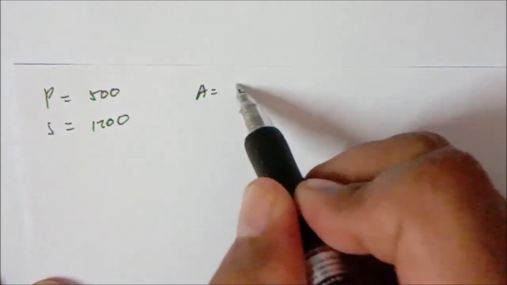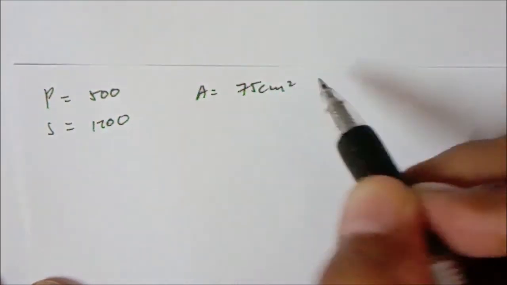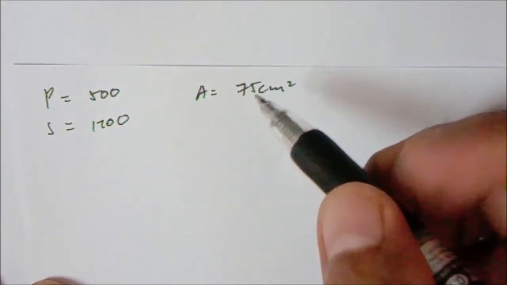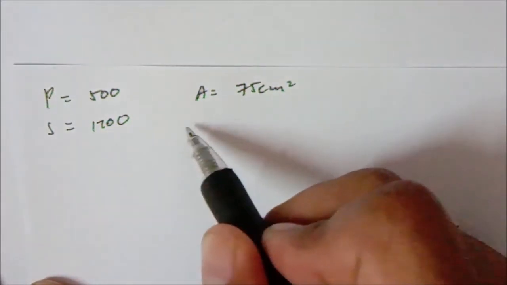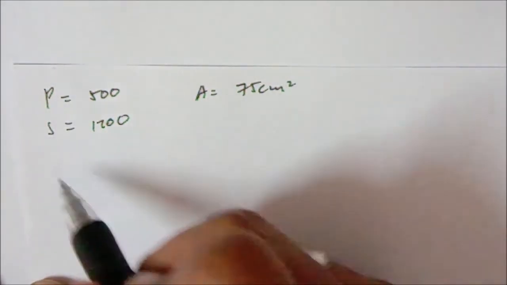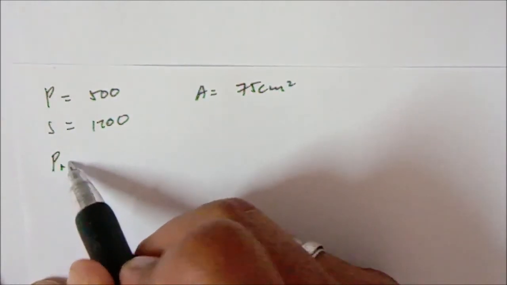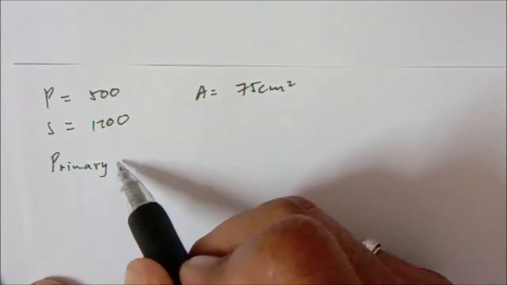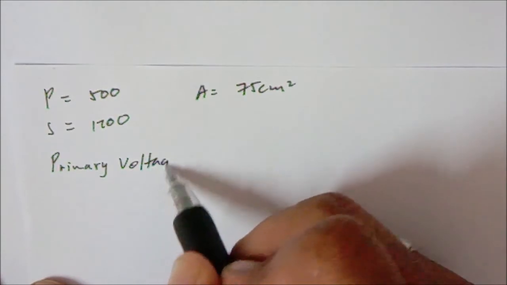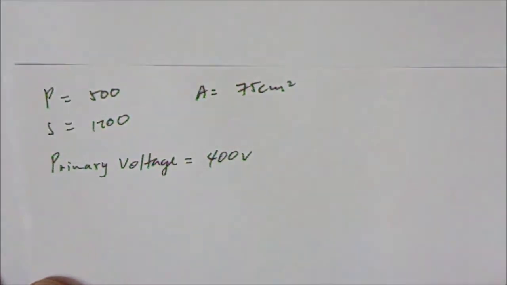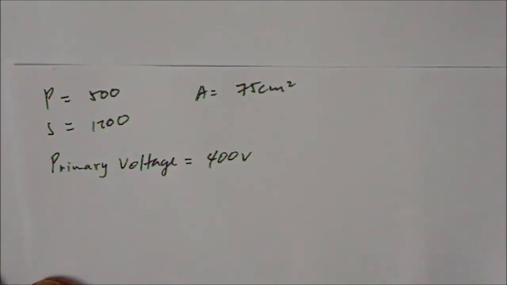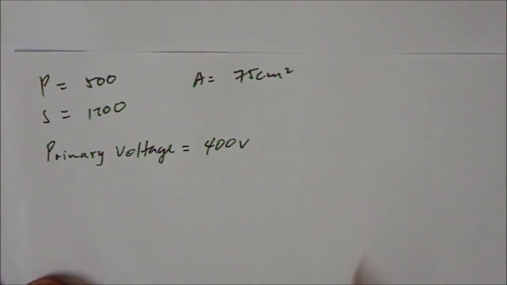Area of the core is 75 centimeters squared and 400 volts yung ating primary voltage. So, alamin po natin yung ating induced voltage sa secondary.